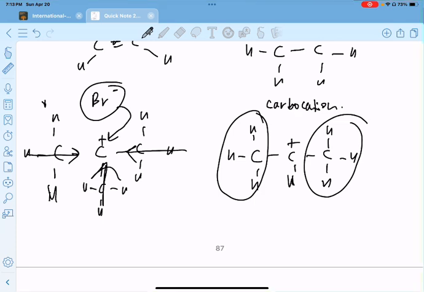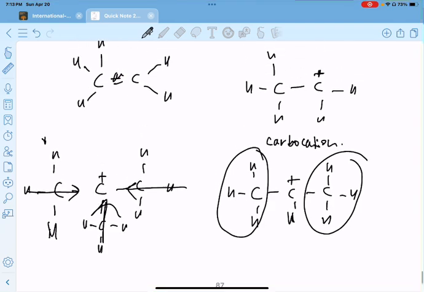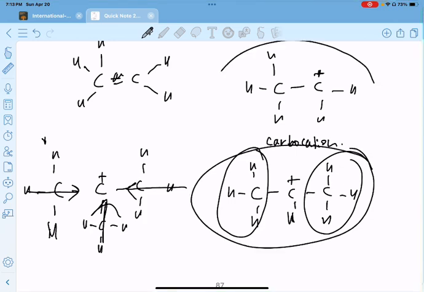So it is basically allowed to stay. What do you mean by this? When you form a tertiary carbocation, it is less likely to break down than if you had formed a secondary carbocation or a primary carbocation, okay?